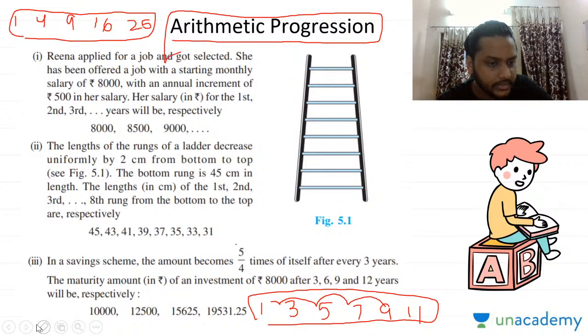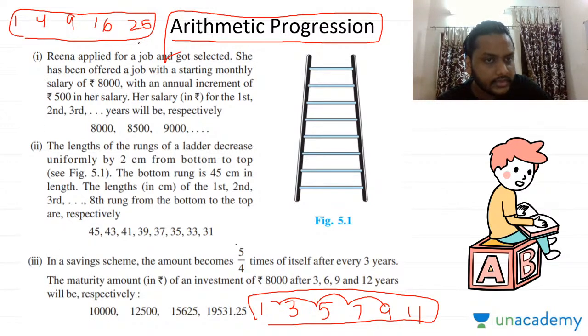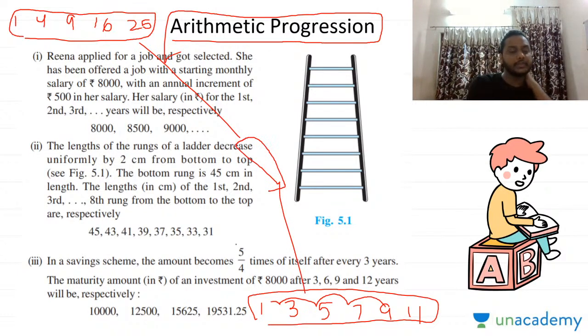So now, guys, if I ask you what is the difference between this sequence and this sequence, can anyone tell me? What big difference do you see between these two sequences? How are they different? What is that particular thing which is making them different?